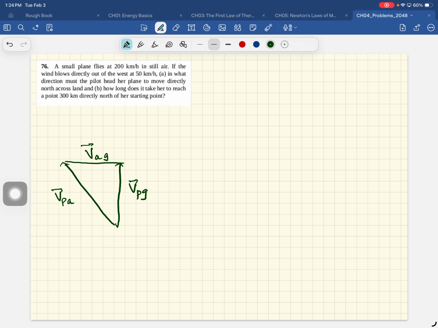So the pilot needs to fly 14.5 degrees west of north.